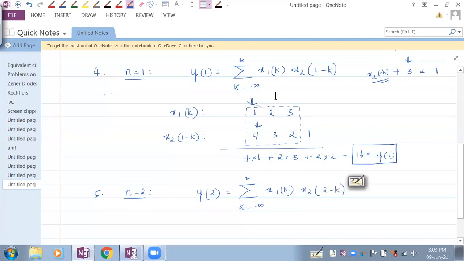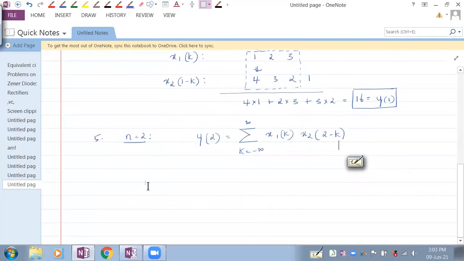Can you do this exercise yourself now? See what's happening. You have x1 of k, which is the same and is not changing: 1, 2, 3.